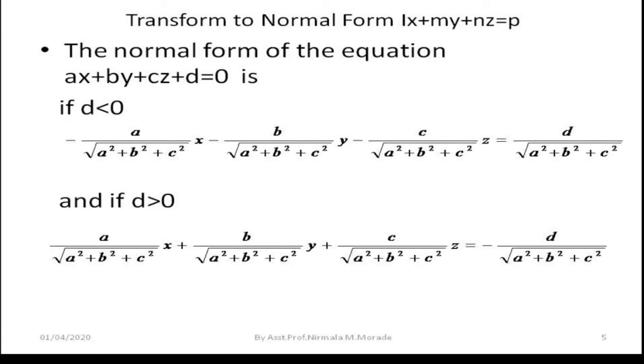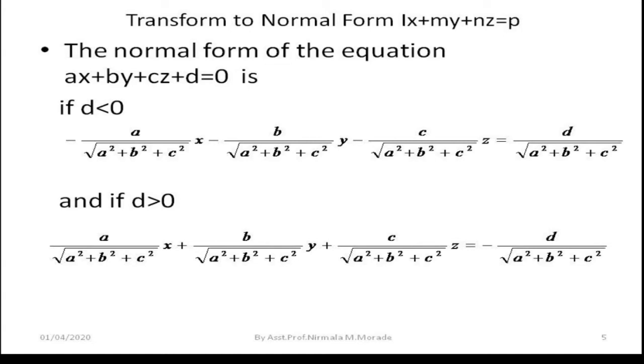Suppose the equation of plane is given in general form and we want to convert it into normal form. For that we use these equations. The normal form of the equation ax plus by plus cz plus d equals 0 is, if d is negative, minus a upon square root of a square plus b square plus c square into x, minus b upon the square root of a square plus b square plus c square into y, minus c upon the square root of a square plus b square plus c square into z, equals d upon the same square root.